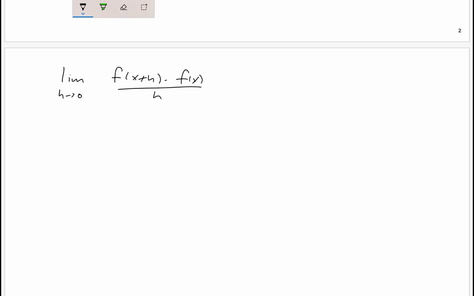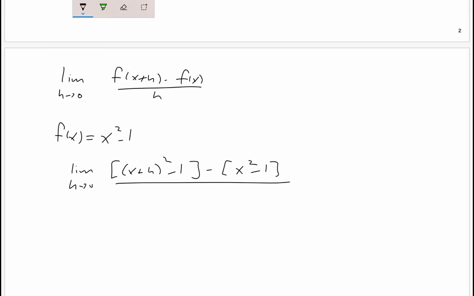Okay? So again, let's just use that same last example so we can compare it. That was x squared minus 1, right? So limit as h approaches 0, and we're going to have x plus h squared minus 1 minus f of x, which is just x squared minus 1, all over h.